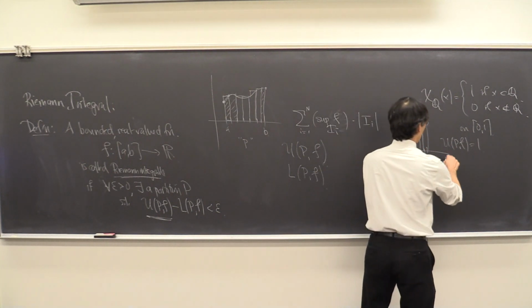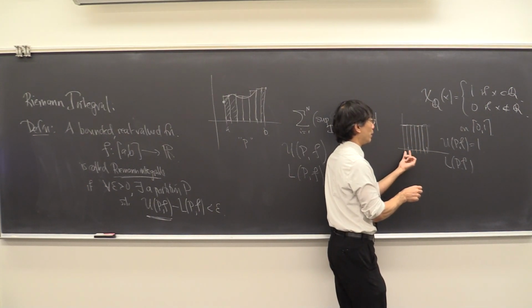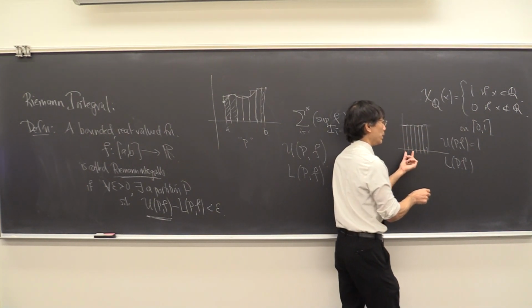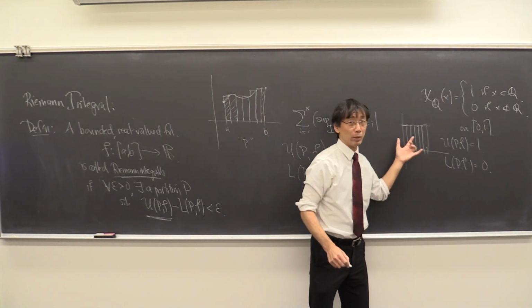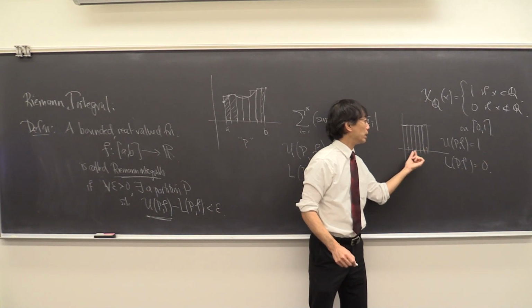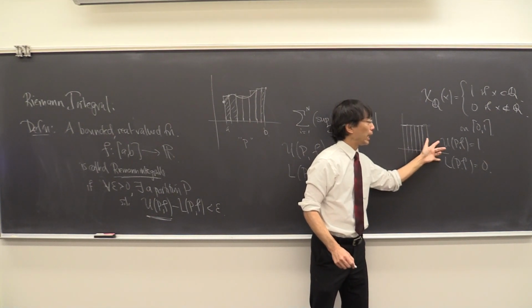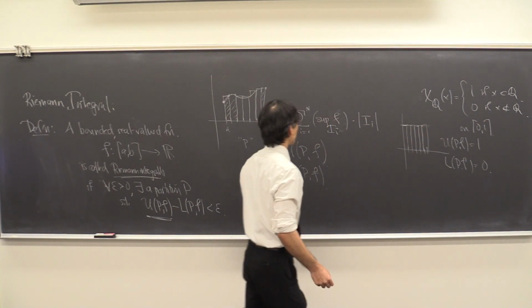And the lower sum, the infimum over each interval, is always going to be 0. So no matter how finely we take a partition, we can't get the upper and lower sums close to each other.